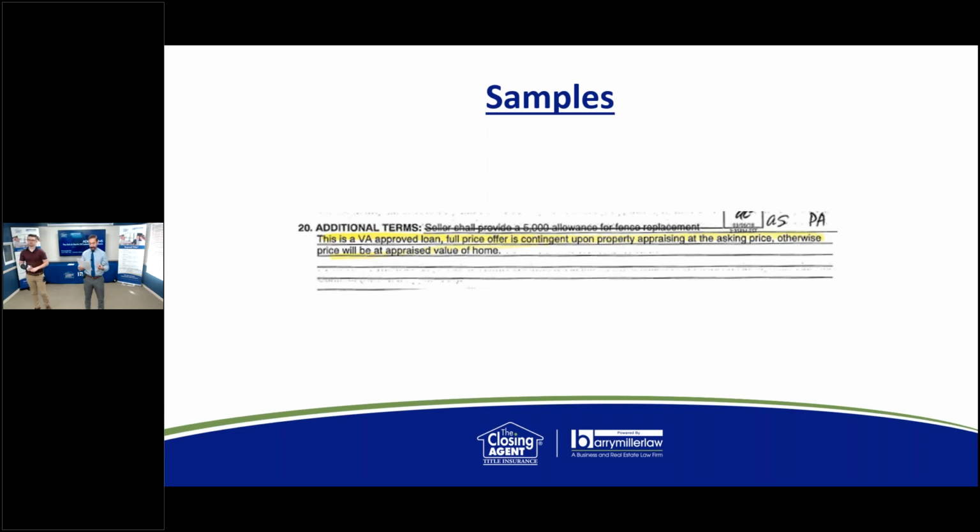And then it also says that the seller authorizes the lessor or the lien holder to disclose to the buyer any documentation or information pertaining to the lease or the loan. Then we've got to say on there, if it's a lease, whether the seller is going to pay off the system or the buyer is going to assume it.